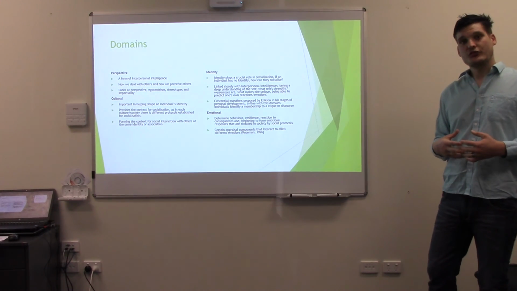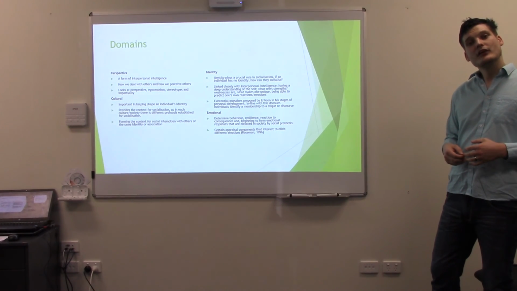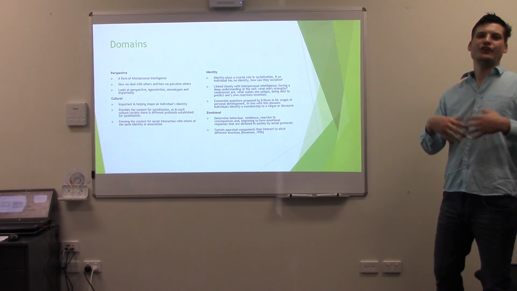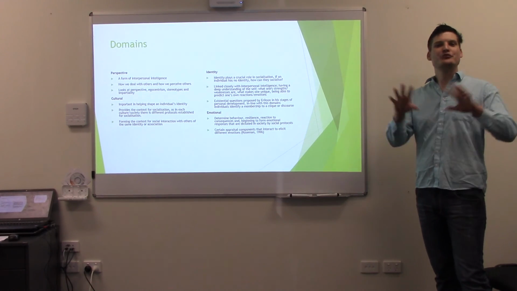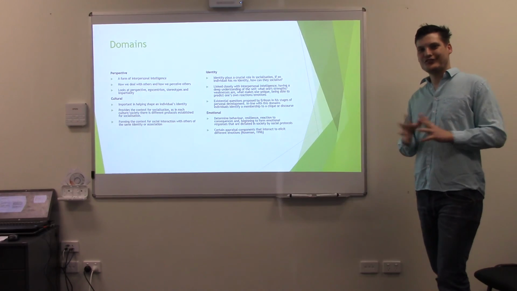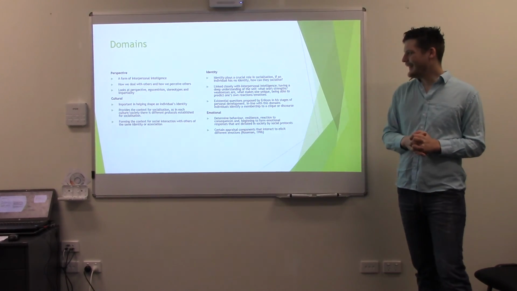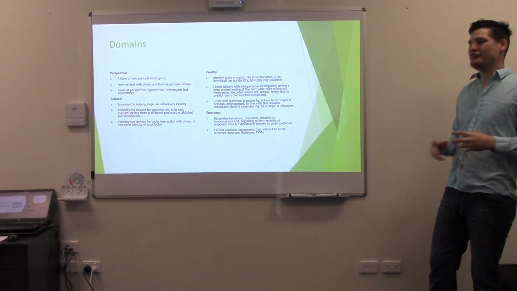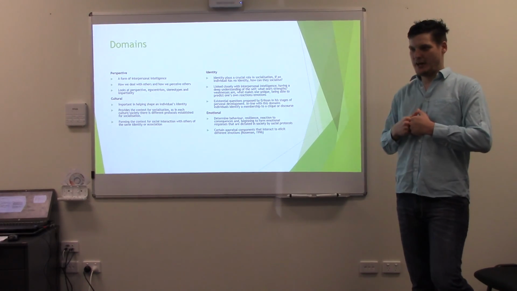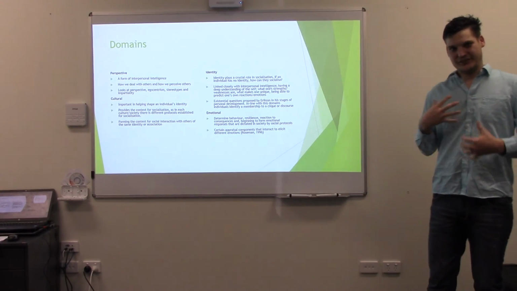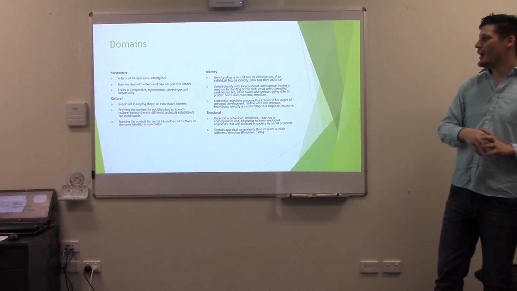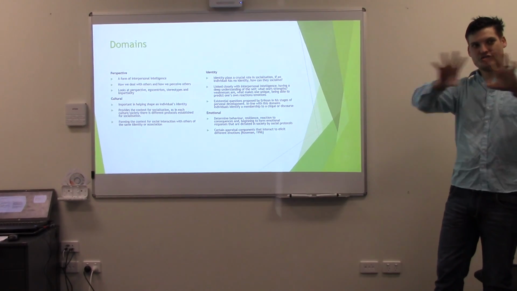What's the strengths? Intra. Did you say intrapersonal or inter? Inter, I believe. I'm terrible when it comes to these prefixes. So identity is about the intelligence of self, whereas your perspective is about the intelligence of others.